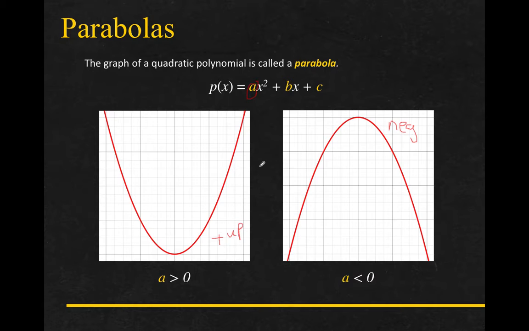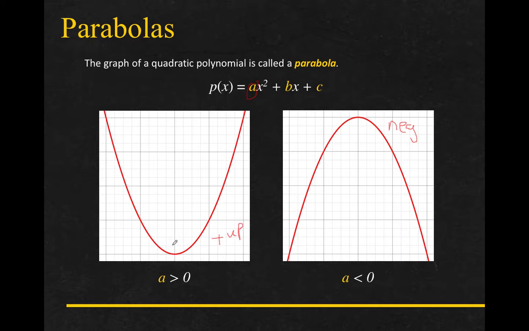Positive is up, and up has the same shape as the U. So up has a U shape and it's positive, and down is when a is negative and it has the N shape.